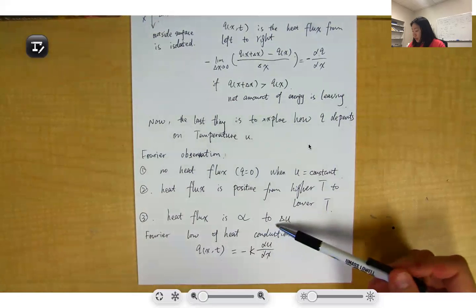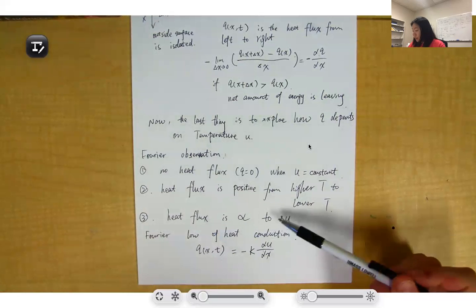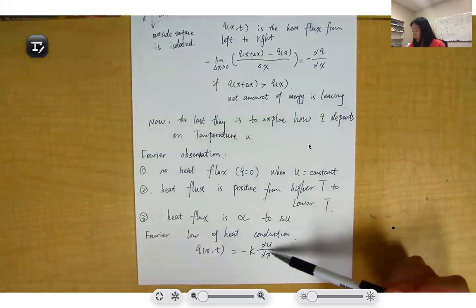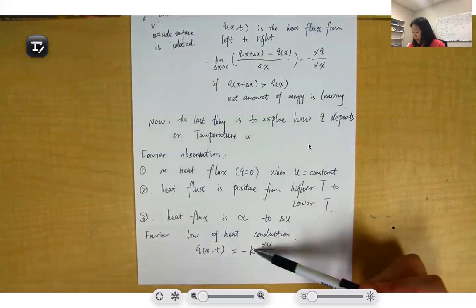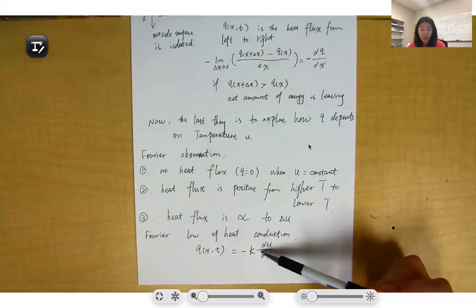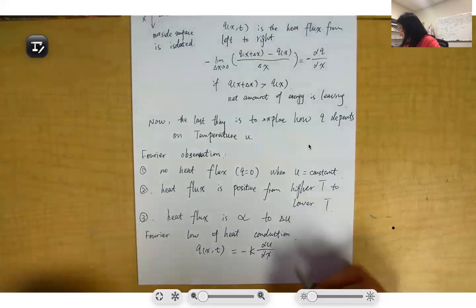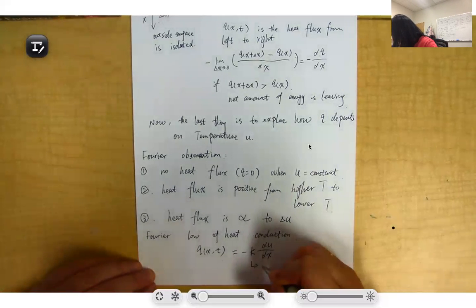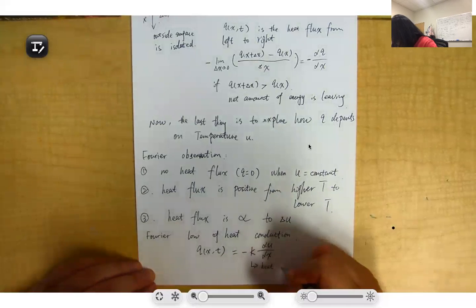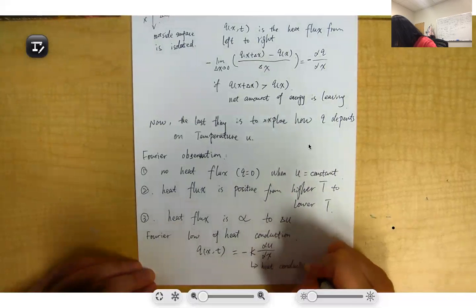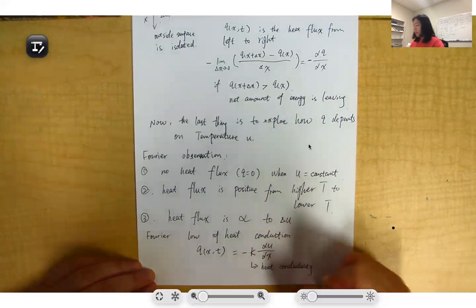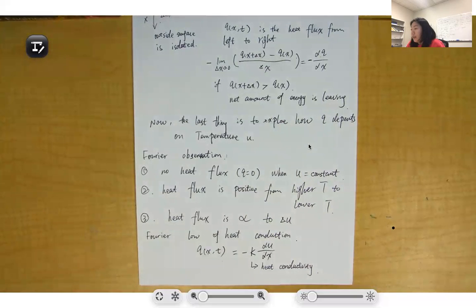Then for the third part, the heat flux is proportional to the temperature gradient with this K, which can be a function of X, or it can be constant. Where is this K? It's the heat conductivity. Okay, so it's the heat conductivity.